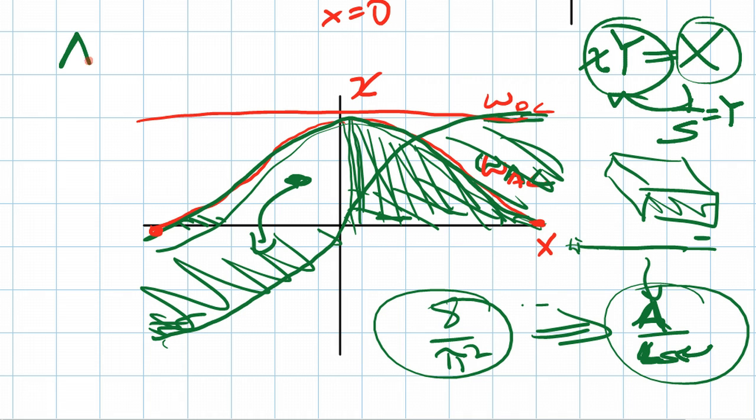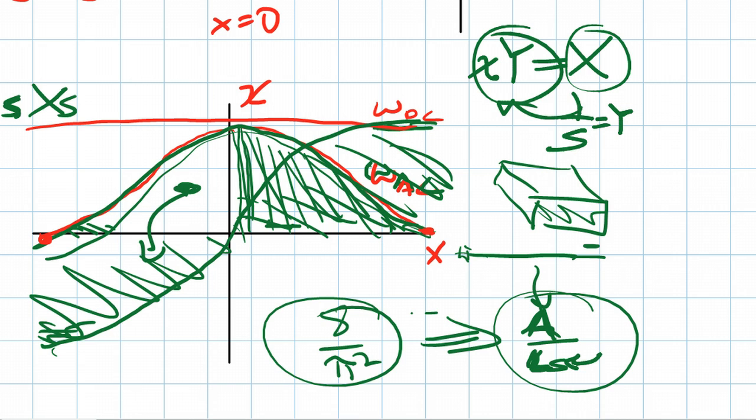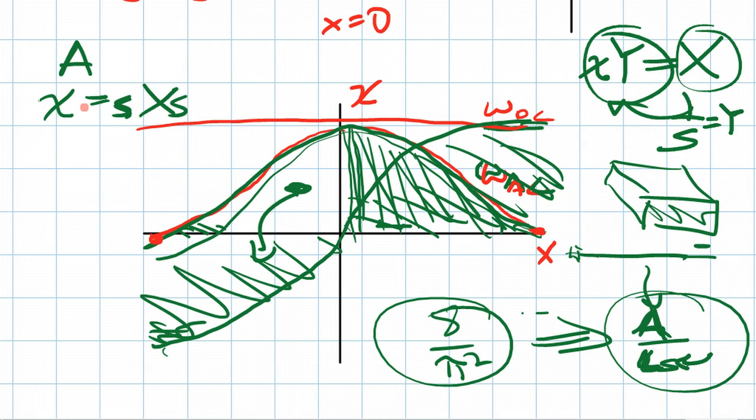So if you keep the area the same, then this relationship is always true.